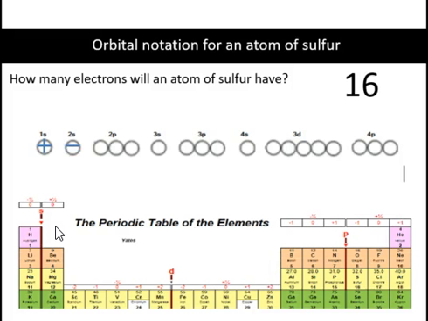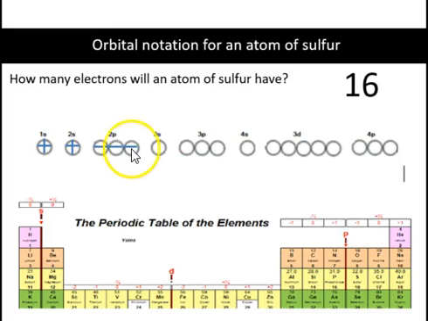This is lithium, beryllium, boron, carbon, nitrogen. Take a moment to look at that. Boron, carbon, and nitrogen are all on the negative half side. They all have negative half spins.